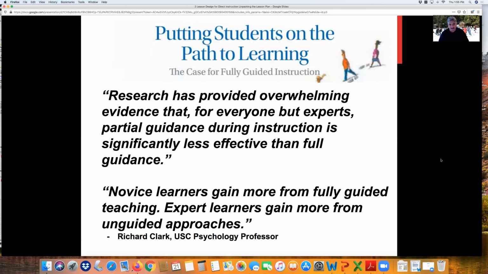In Richard Clark's article, the USC psychology professor, one of the readings that I had you do was putting students on the path to learning. He makes a case for fully guided instruction. There was lots of information in that article, obviously, but one of the key points that he made is that for everyone but experts, partial guidance during instruction is significantly less effective than full guidance.